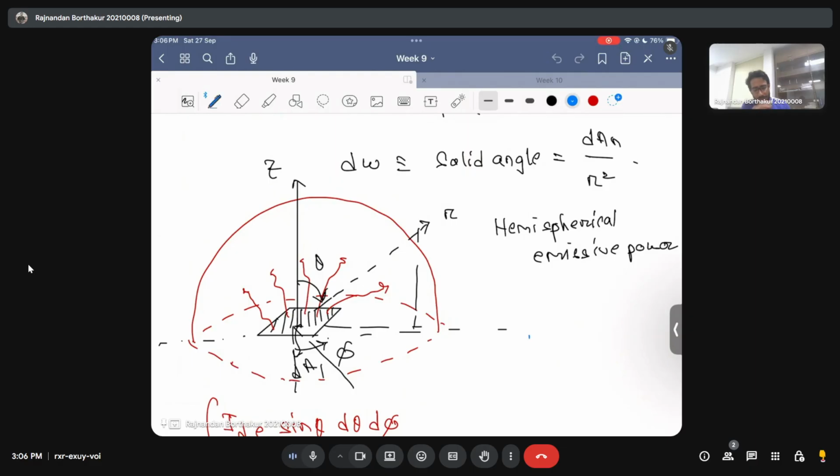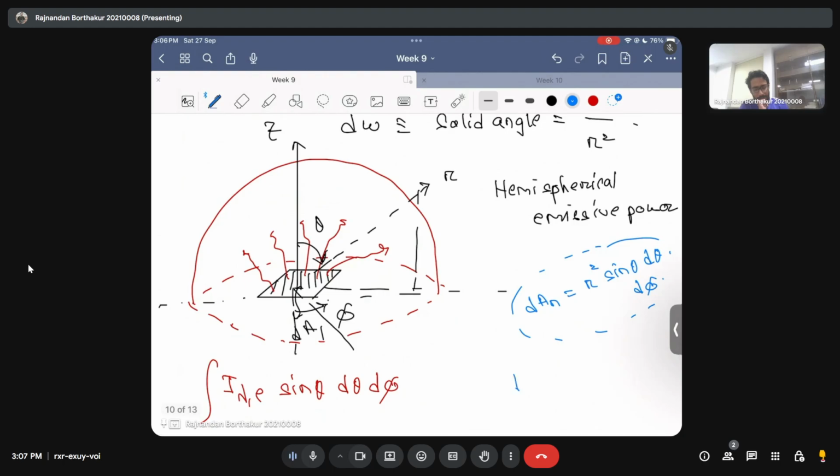You can show that the elemental area dA_n simply turns out to be r square sine theta d theta d phi. This form of the elemental area is what one gets when you choose a unit normal in the r direction and take a differential area on the surface of a sphere or a hemisphere.